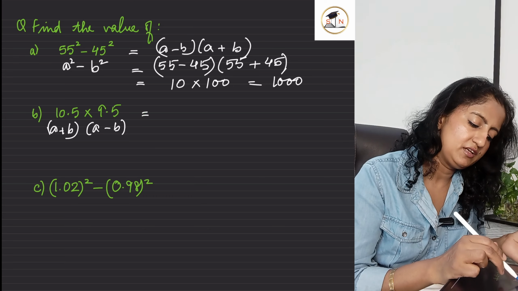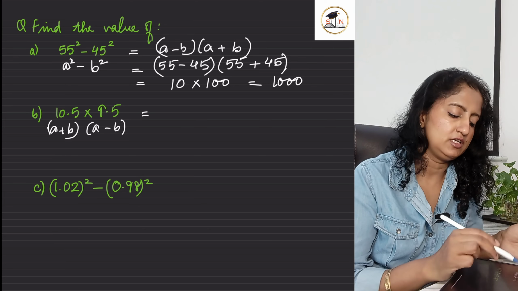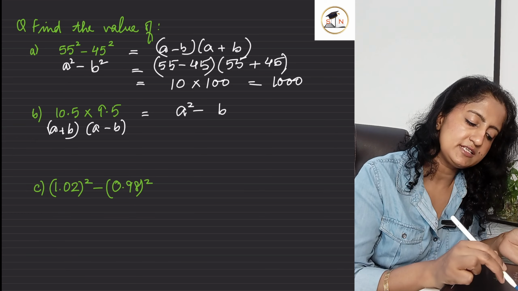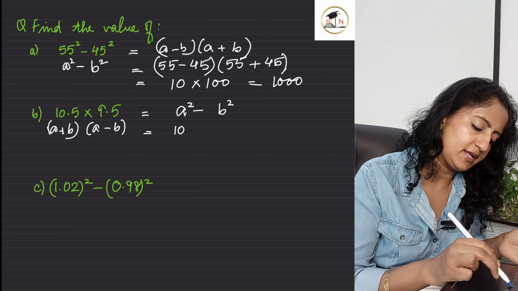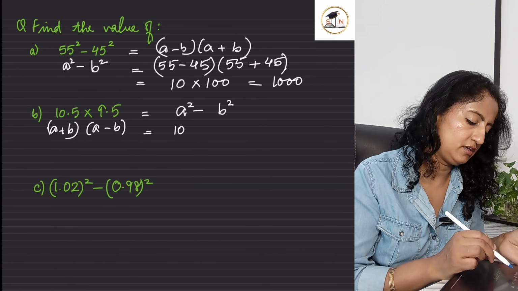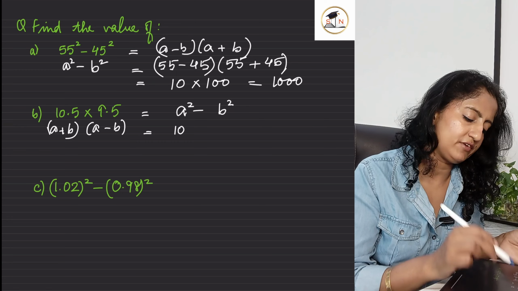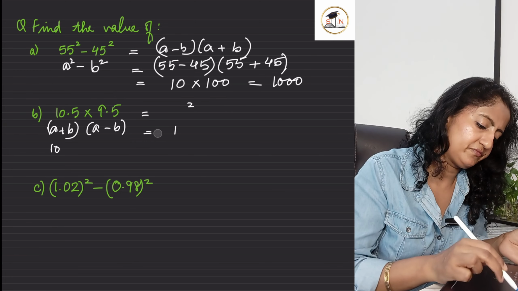So now over here when we apply this identity, the calculation will again become easier. Let's see. Now we have a plus b into a minus b given, so we should be having a square minus b square on the right. Let me just rewrite it.